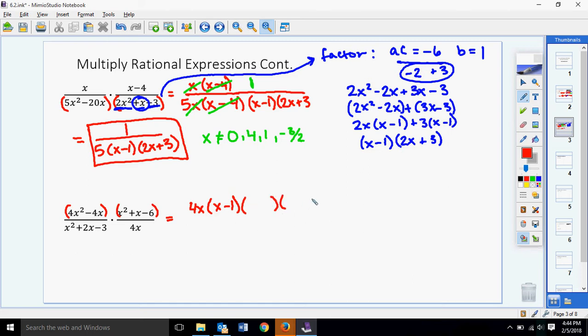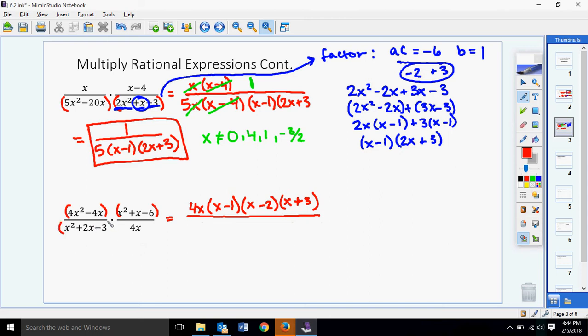Second numerator factored. It's a trinomial, so I'm going to factor into two sets of parentheses. Remember, I'm looking for two numbers that multiply to -6 and add up to 1. Those two numbers, again, would be -2 and +3, and x goes in the first position. Now my numerator is factored, I want to look at my denominator.